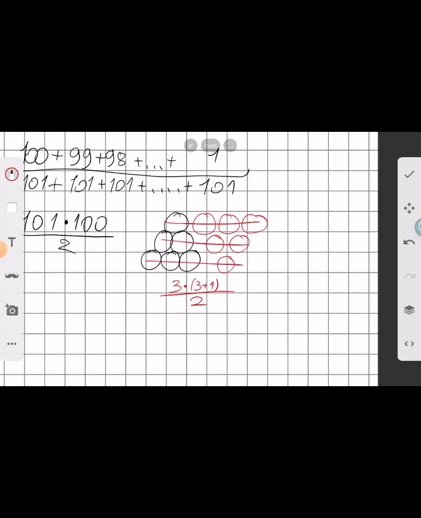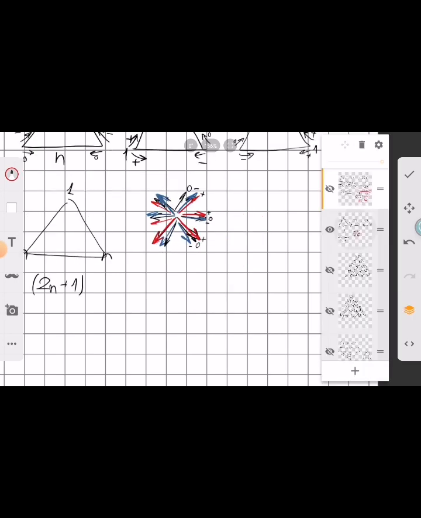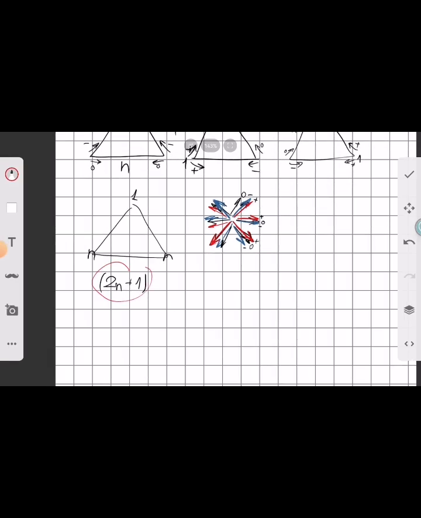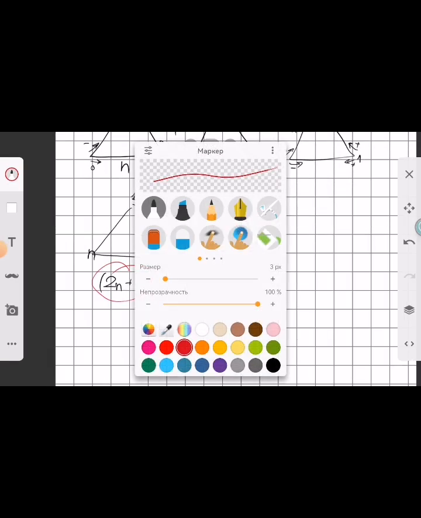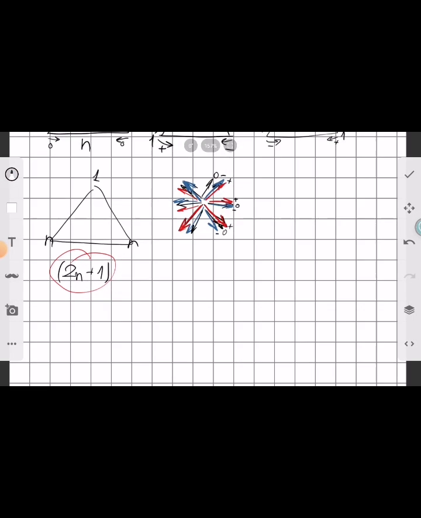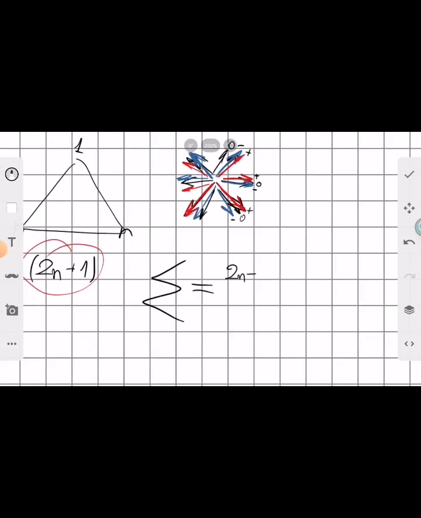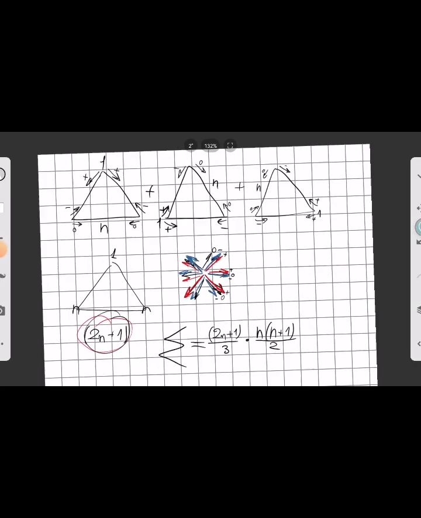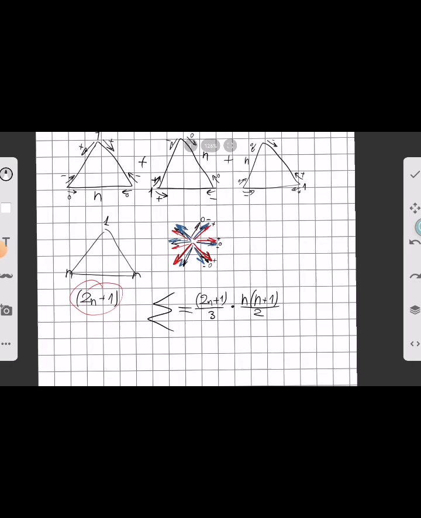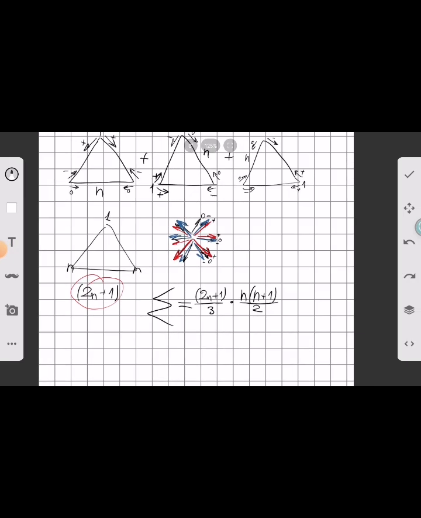So this is a triangle, and that thing is what we have in this triangle in every entry. So to calculate the final sum, we just multiply this 2n plus 1 by the triangle number, n times n plus 1 over 2, and also divide by 3 because this originally is a sum of 3 copies of the same triangle.